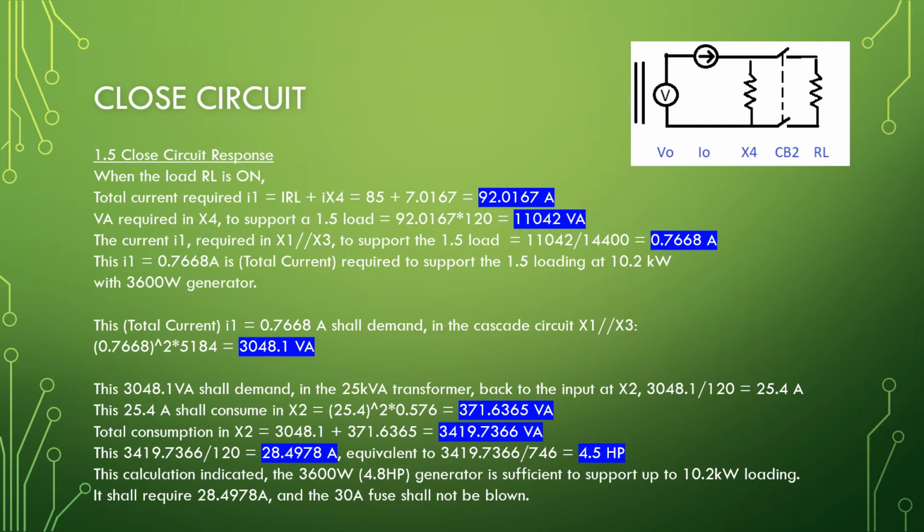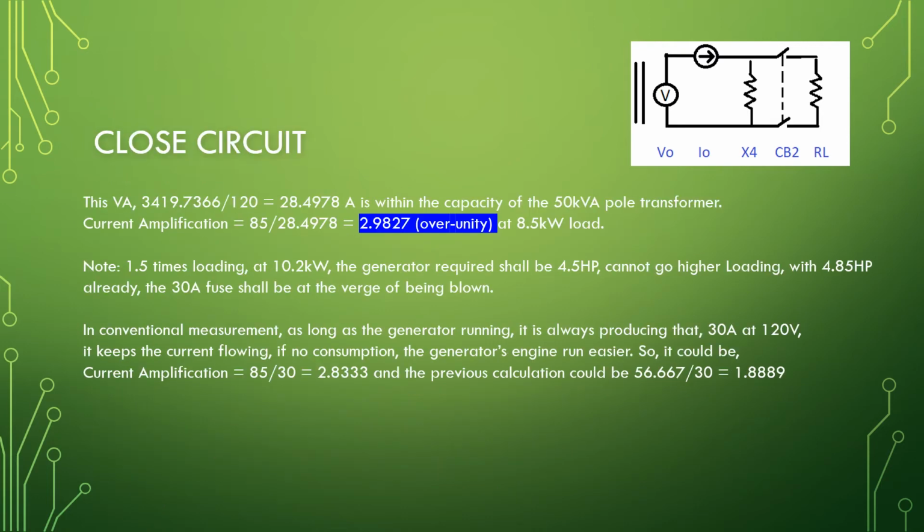It shall require 28.4978 ampere, and the 30 ampere fuse shall not be blown. This VA 3419.7366 divided by 120 equal to 28.4978 ampere is within the capacity of the 50 kVA pole transformer.